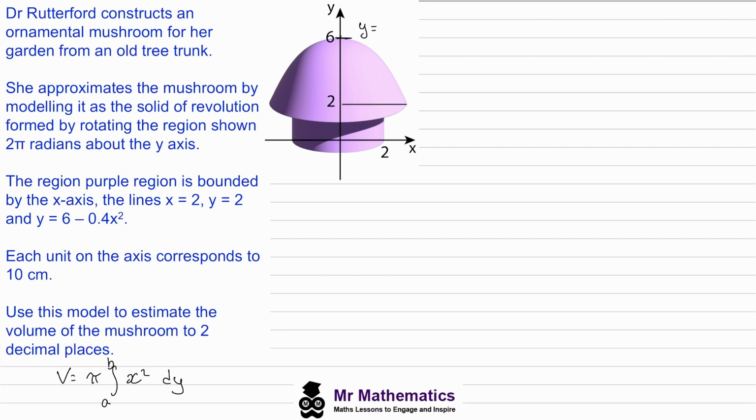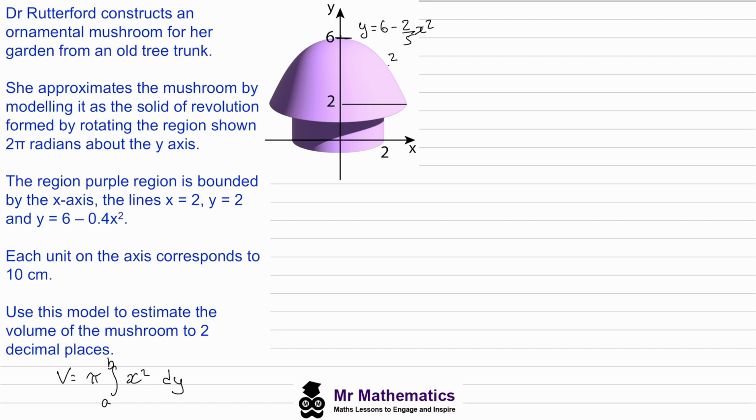And we're told that the equation of this line is given here. I'm going to convert that 0.4 into a fraction. So we get y will equal 6 minus 2/5 of x squared. And we need to make this x squared the subject. So we'll move all of this to the left hand side and the y to the right hand side.